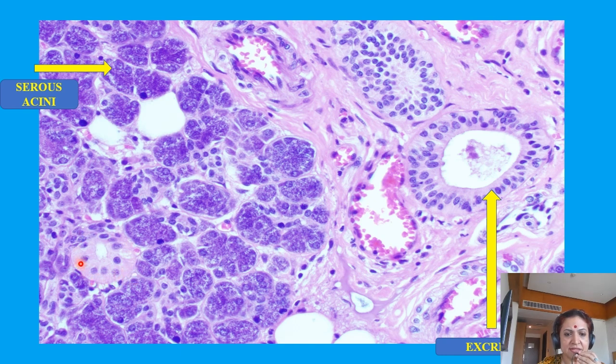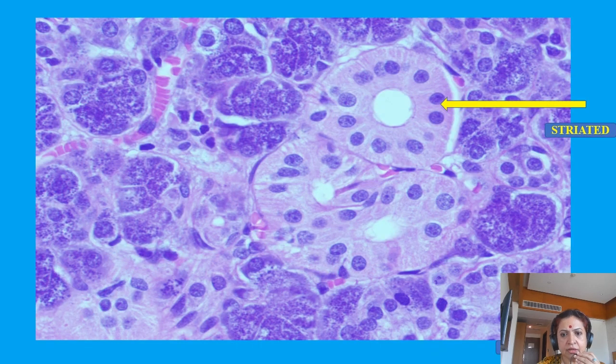Here you are seeing the striated duct, and here if you see closely you can see the smaller intercalated duct. Now here again the higher power showing these striated cells with these beautiful striations, and here you can see the intercalated duct.